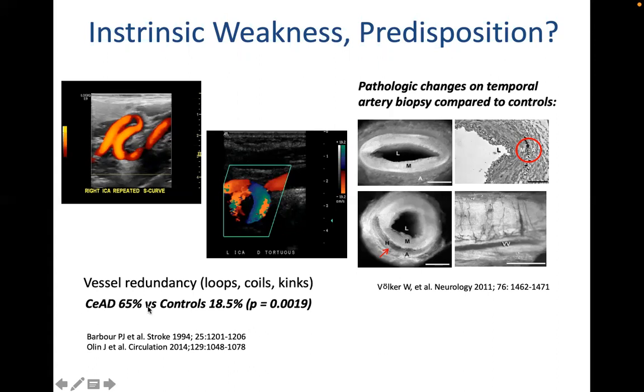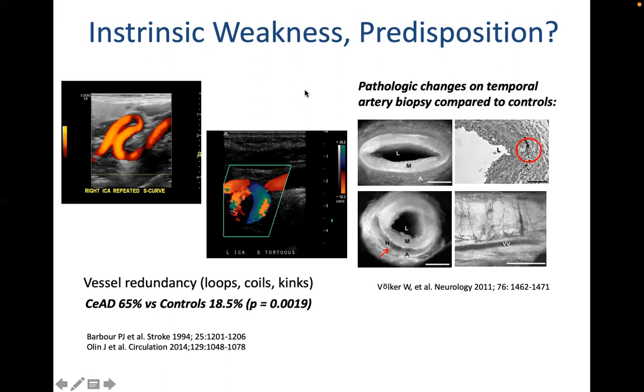So in one study, 65% of patients with a cervical artery dissection had these tortuosity findings as compared to about 18.5% of controls. And this is in keeping with what we've seen in our FMD patients. So arterial tortuosity is much more common in patients with FMD as compared to sex and age-matched controls. And Dr. Olin and Dr. Sethi presented that data a number of years ago, and it's well described now.